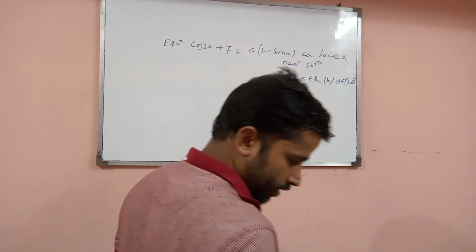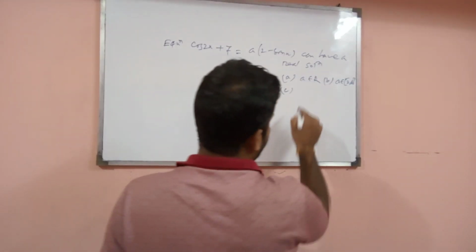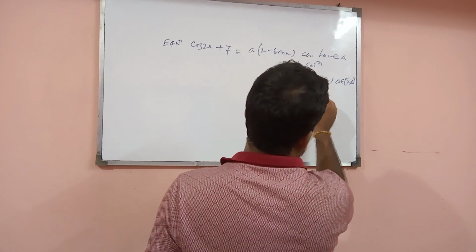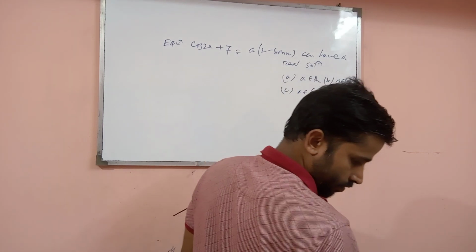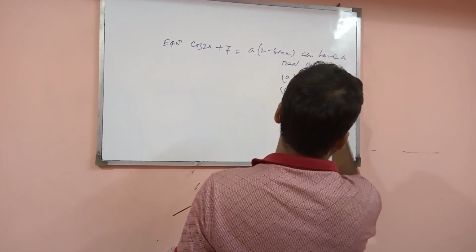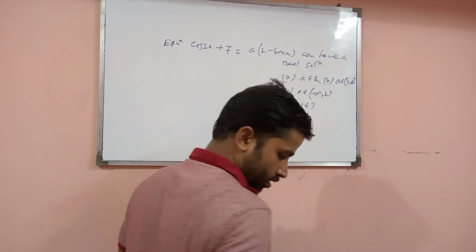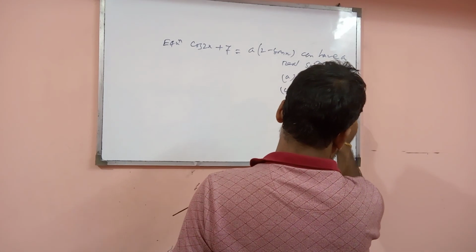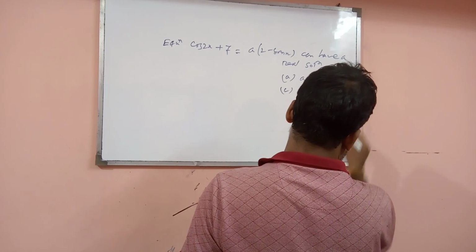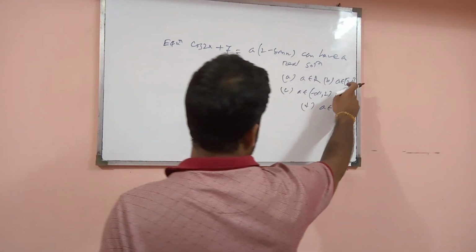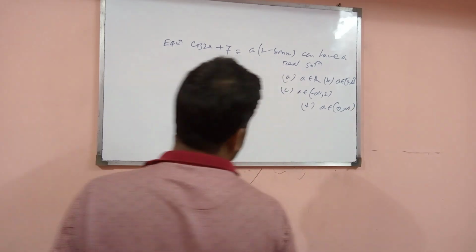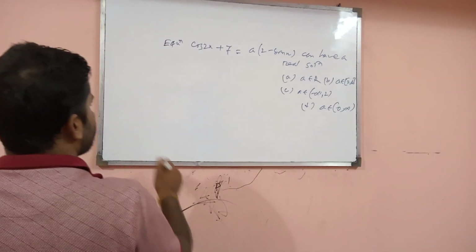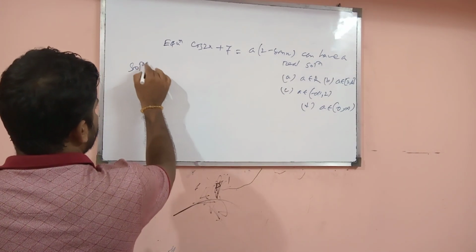Option C, a belongs to the open interval minus infinity to 2. And option D is a belongs to 0 to infinity. Okay, option B is closed interval and these two are open intervals. Okay, so the solution would be like this.